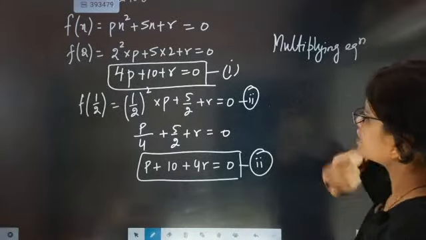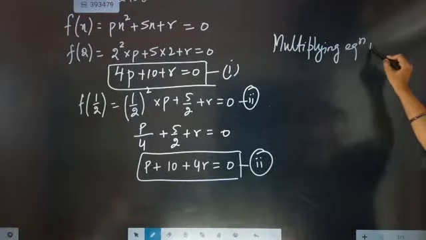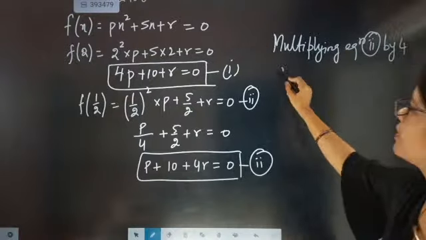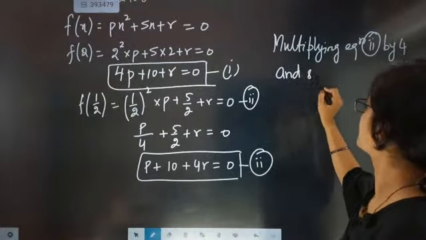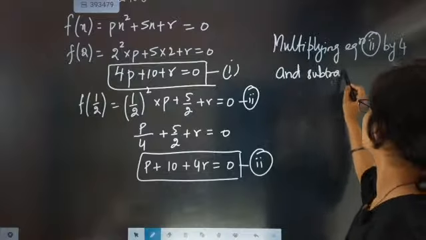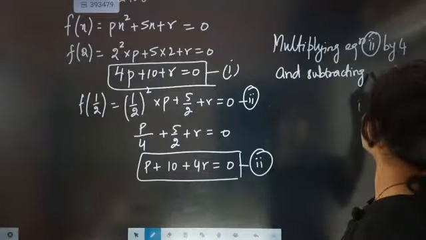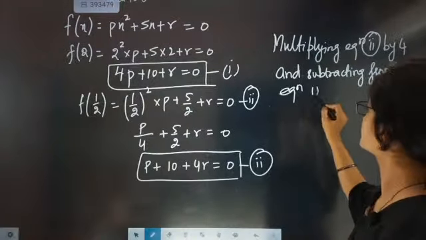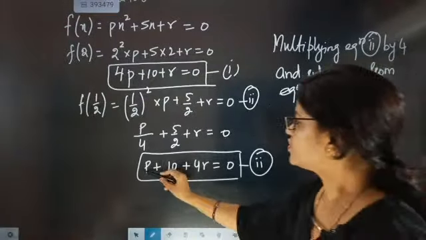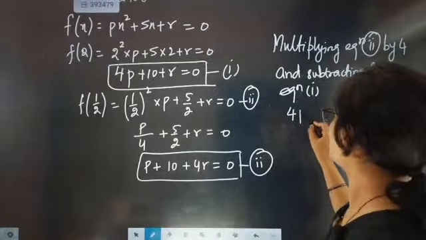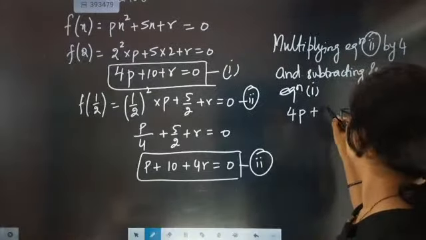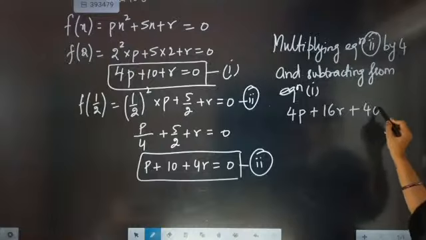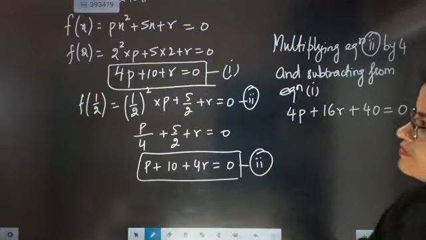So we are going to write: multiplying equation 2 by 4 and subtracting from equation 1. So it will become 4p plus 16r plus 40 equal to 0.